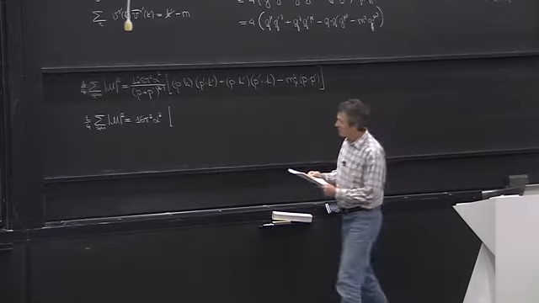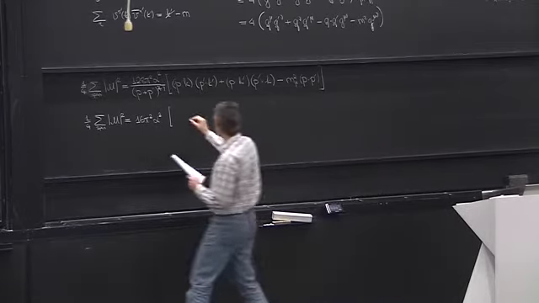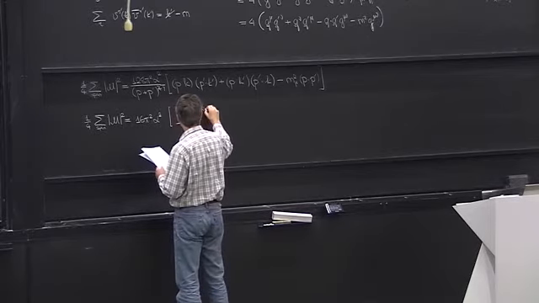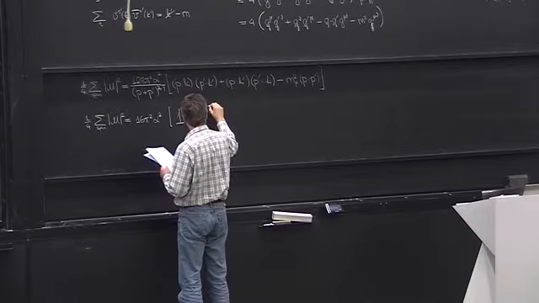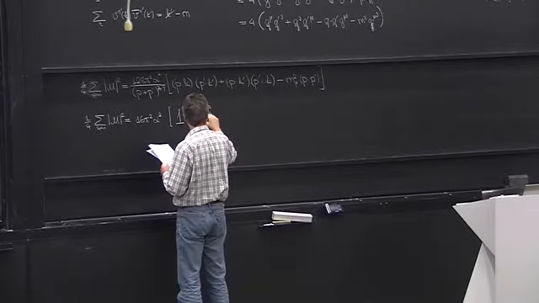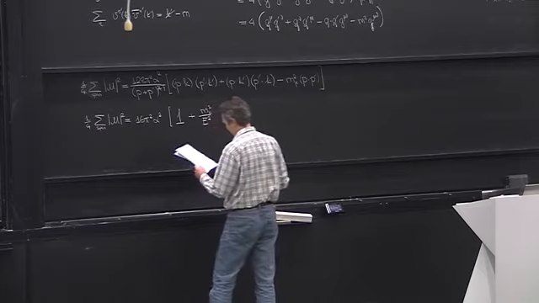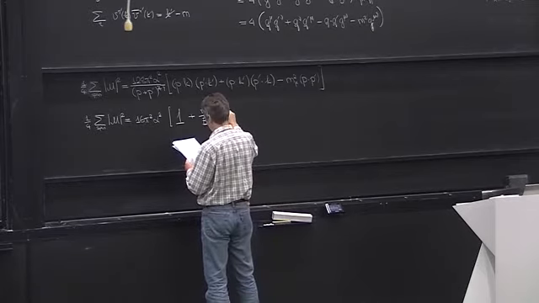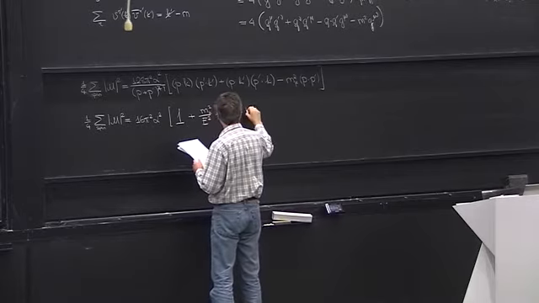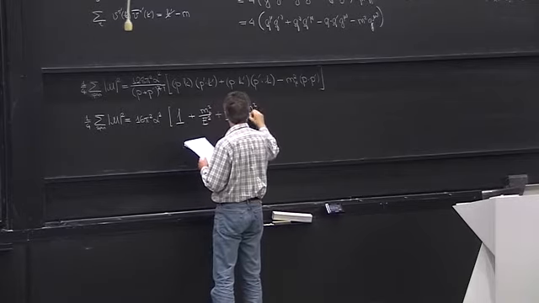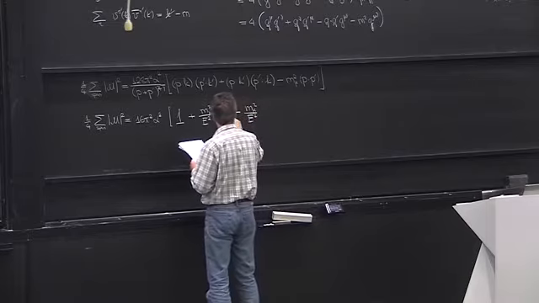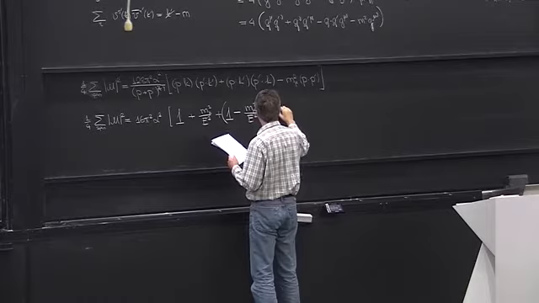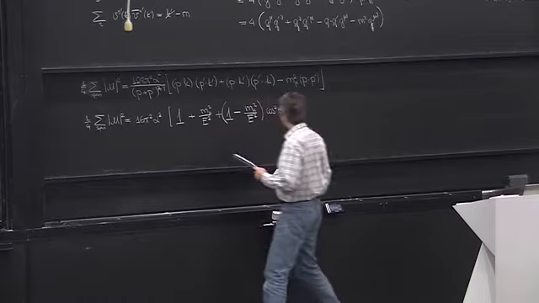So if one collects all these terms, there will be a 1 here, minus m mu squared divided by E squared, plus 1 minus m mu squared divided by E squared times the cosine squared of theta.